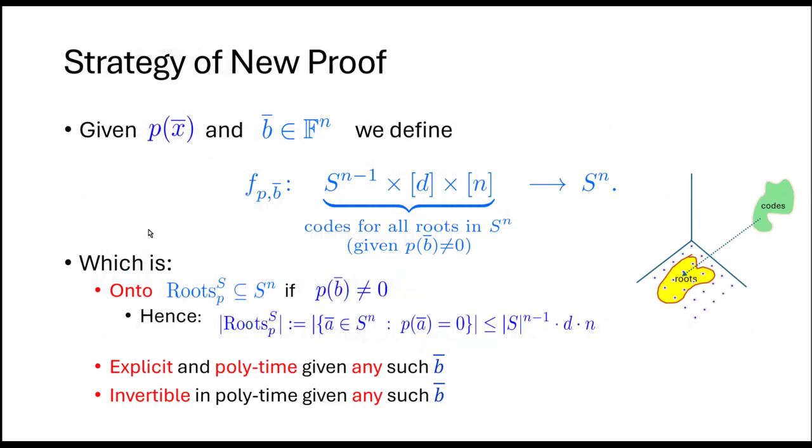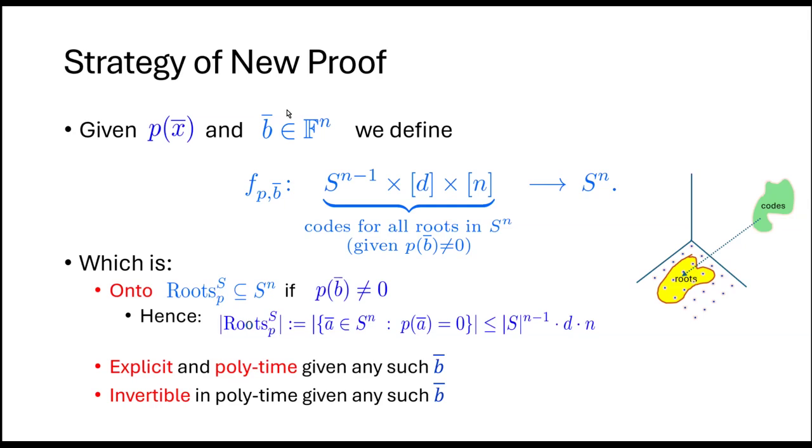So let's see the strategy for the new proof. Given P in n variables X and some point in F to the n, we define the following function. Now this function is going to be explicit. I'll describe the function. It's not that complicated, and it's polynomial time computable and deterministic.